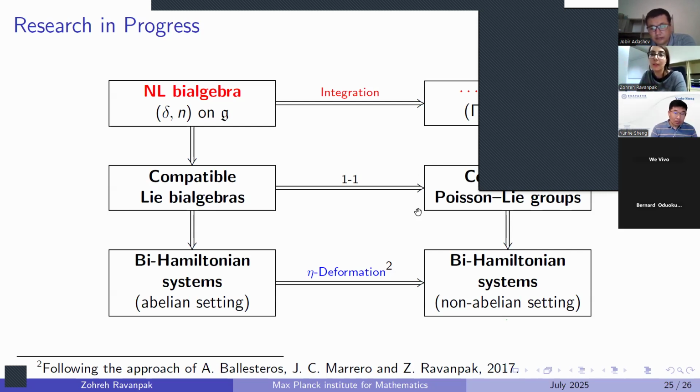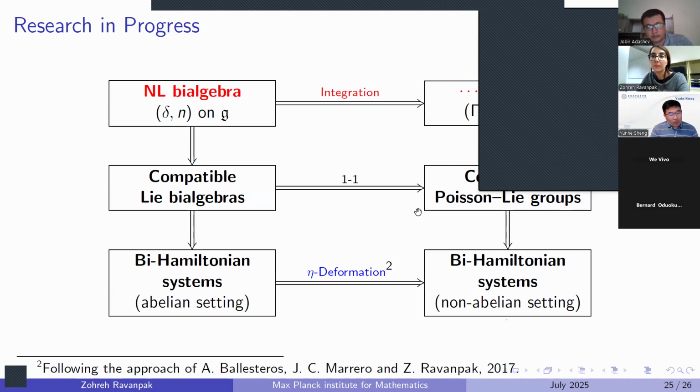Multiplicative in this case, yes. I should have mentioned it. This compatibility usually says that if the two structures are compatible, the sum of those defines the same kind of structure.